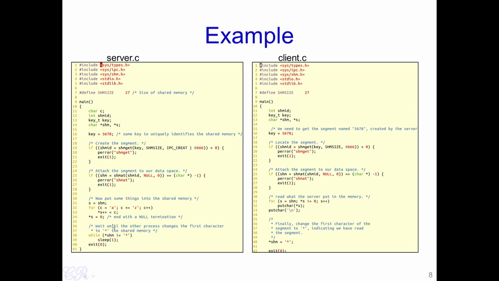Then we have obtained a pointer to that particular shared memory region, that is S on SHM, and the server could put data into that shared memory region while the client could read data. The vice versa is also possible. And at the end of it, we require to note that there is a synchronization required between the server and client. So this synchronization requirement should be explicitly programmed into this particular server client modules.